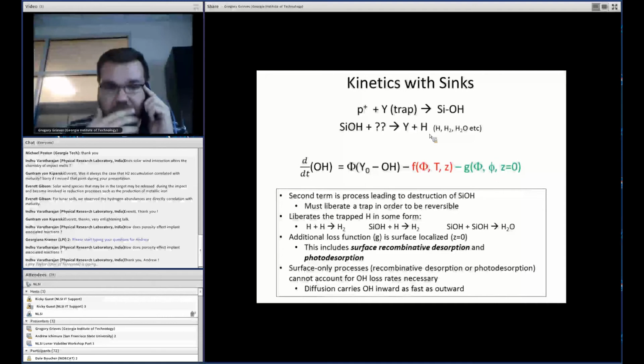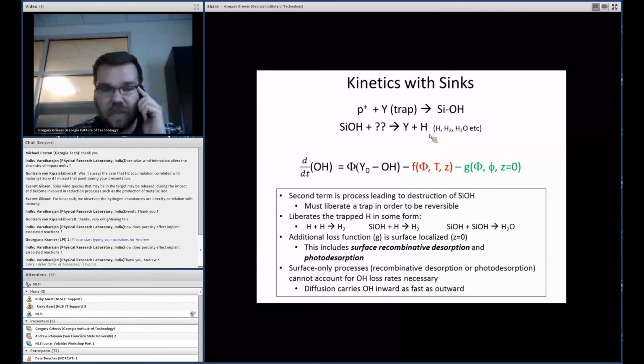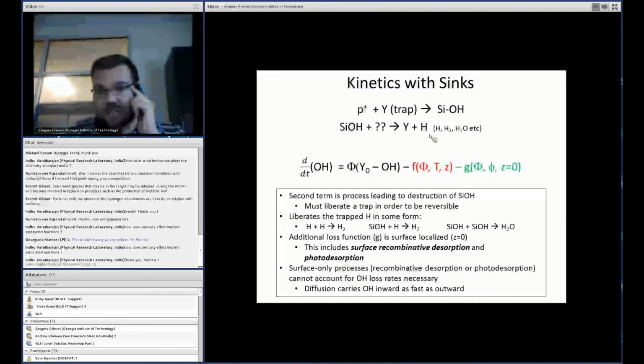So now to put this into more mathematical terms, I have included with the source kinetics two loss terms. The first one in red must be a function of either flux of solar wind protons or ions, temperature, and probably depends on the depth within the grain that the radiation penetrates to.